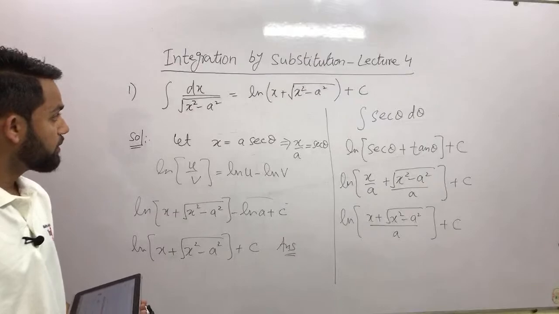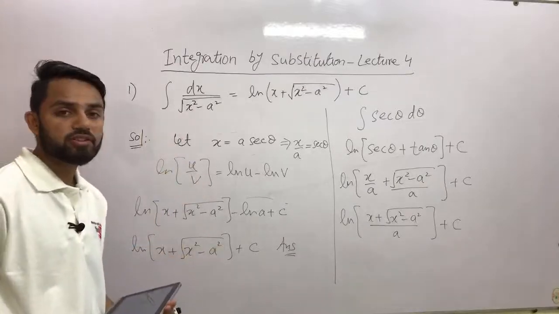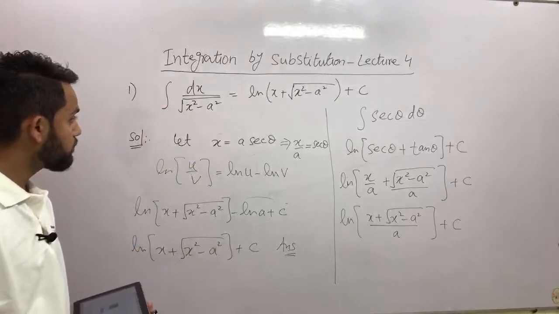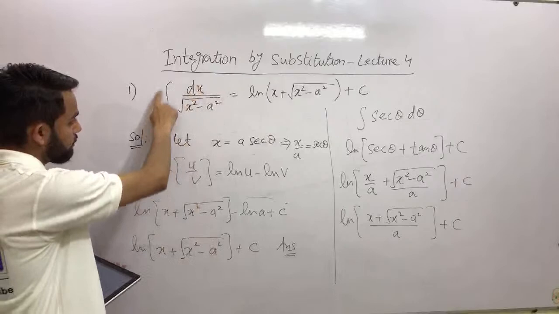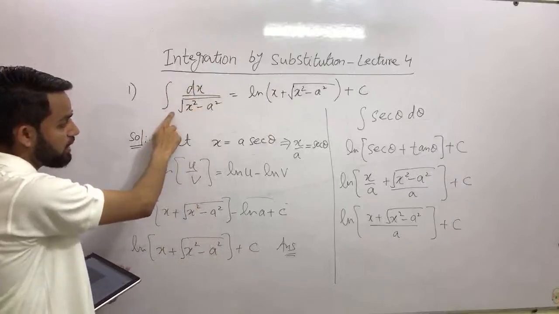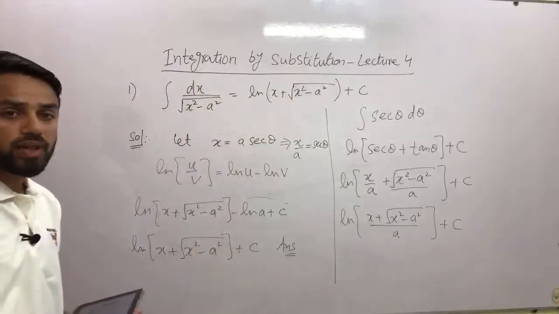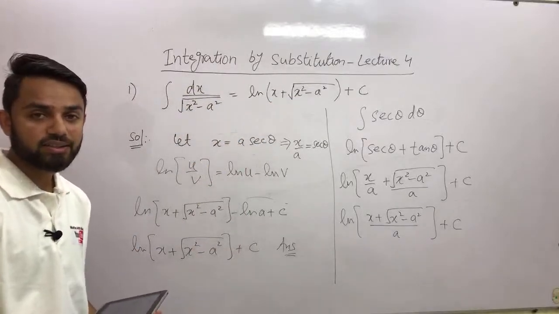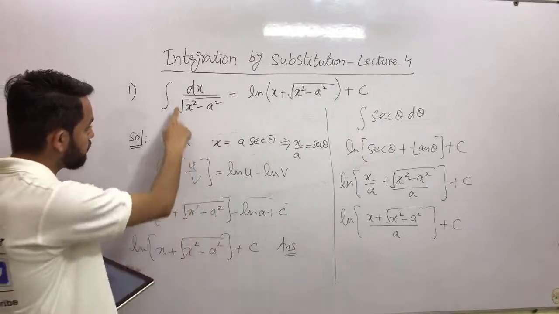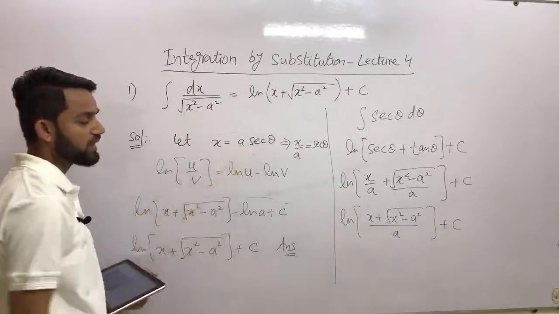I have one video earlier in which I explained the basic concept of how to do integration by substitution. So if you are joining this live stream a little late, I am explaining this question in which we have to evaluate this integral. In order to do that, we used the substitution using trigonometric identities, which says that whenever you have the square root of x square minus a square, you take x equals a secant theta, right?